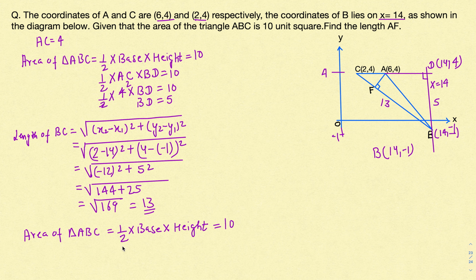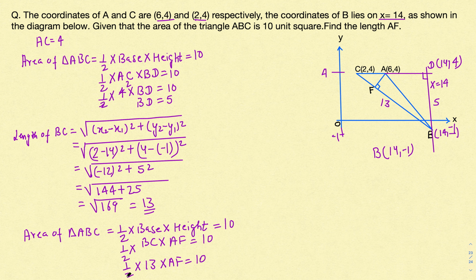This time we are going to take the base as BC and our height as AF. Now we know that BC is 13, and AF we need to find out.